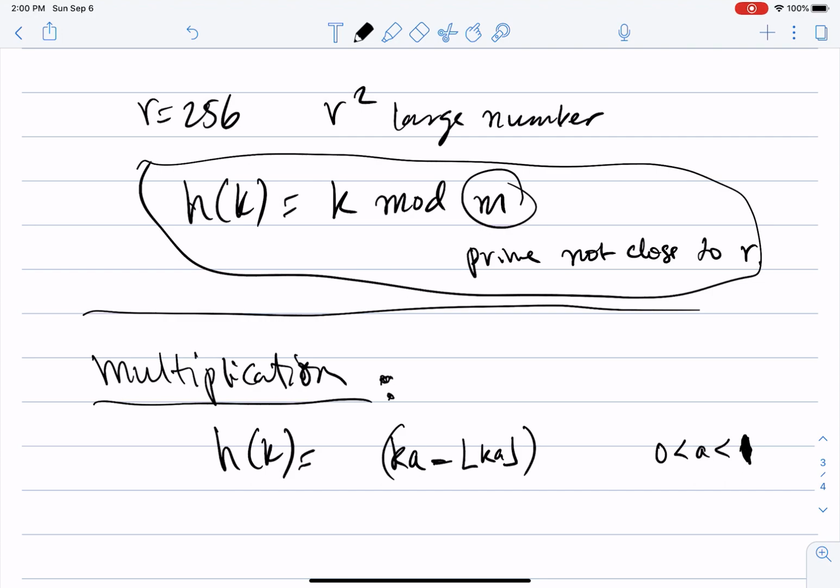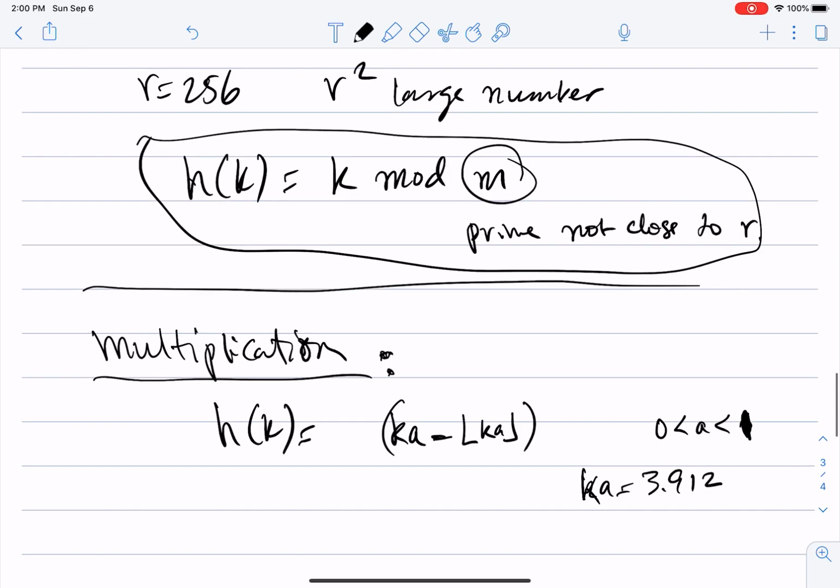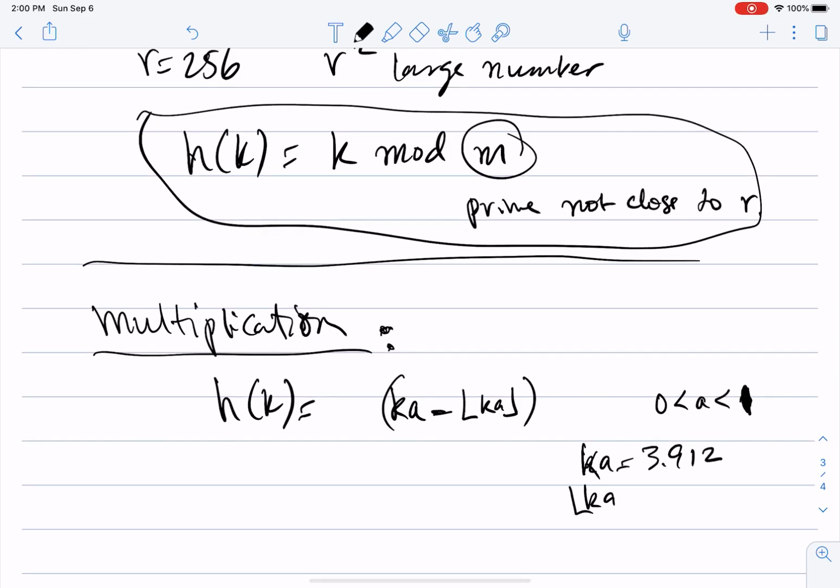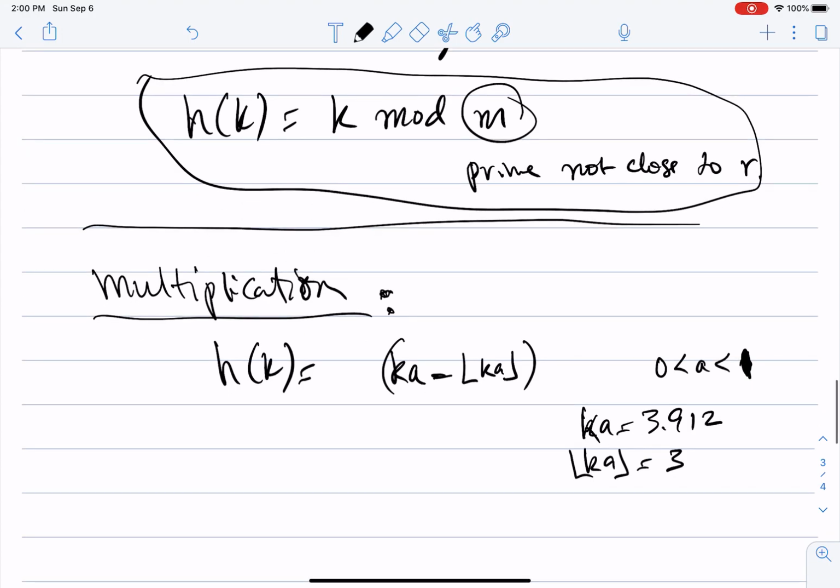So if ka is, for example, 3.912, the floor of ka will be 3, and ka minus the floor of ka will be 0.912. So this whole thing is the fractional value of the number ka. And we take this and multiply it by m. This is why it's called the multiplication method.